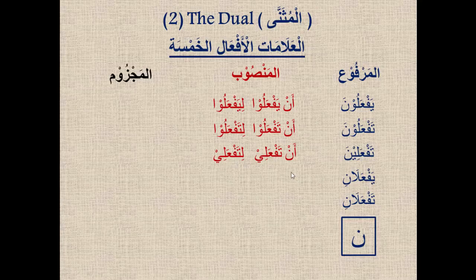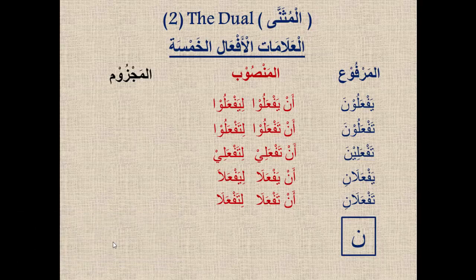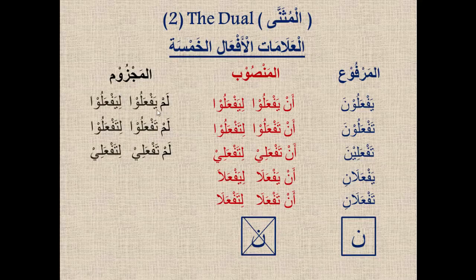What happens when we add the nasib in front of the dual verb? We get an yaf'ala. We drop the noon. Li yaf'ala. Same case for taf'alani. An taf'ala. Li taf'ala. And in the majzum, when we add a jazim, the marker for the mansub is dropping the noon, and then in the majzum, we get lam yaf'alu, li yaf'alu. Same case, we've dropped the noon, hadhf and noon. Lam taf'alu, li taf'alu.